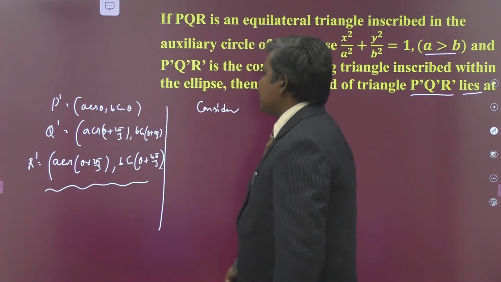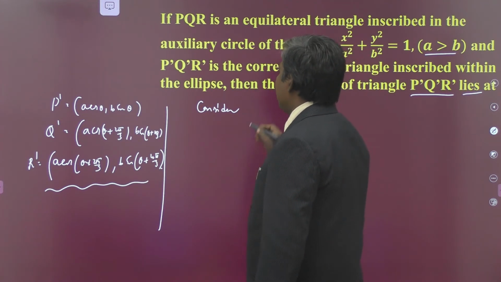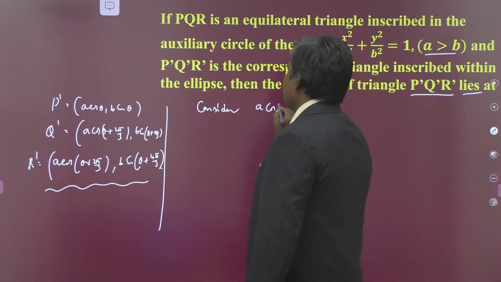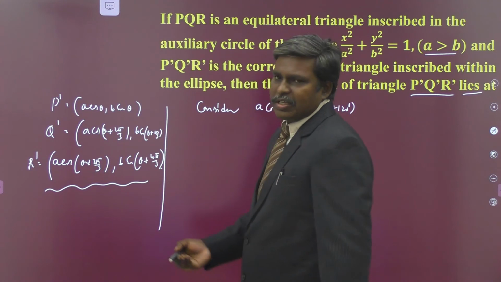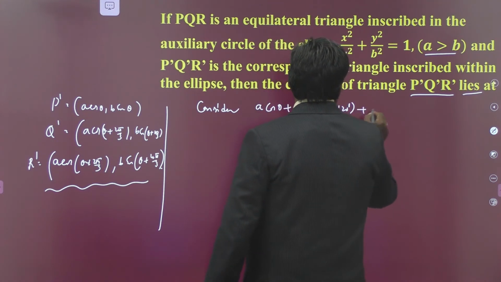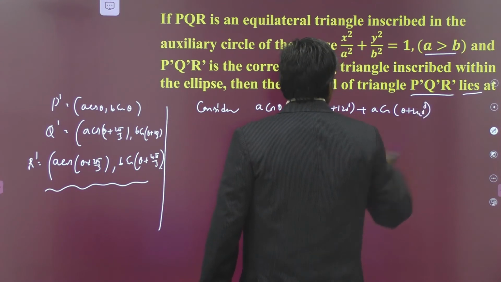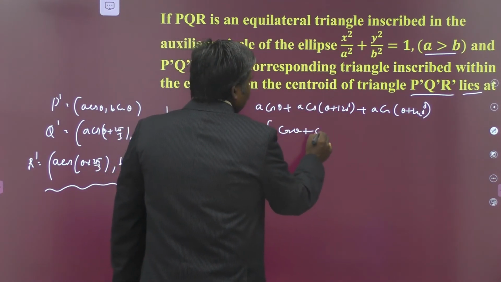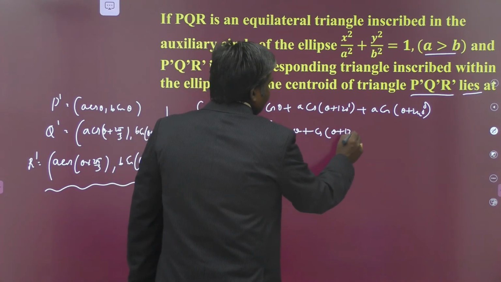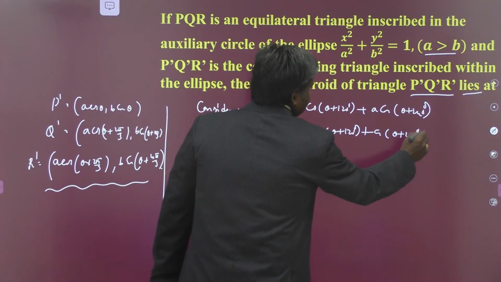A cos theta plus A cos(theta plus 2 pi by 3) plus A cos(theta plus 4 pi by 3). That is A cos theta plus A cos(theta plus 120) plus A cos(theta plus 240), since 2 pi by 3 means 120. This is nothing but A into [cos theta plus cos(theta plus 120) plus cos(theta plus 240)].